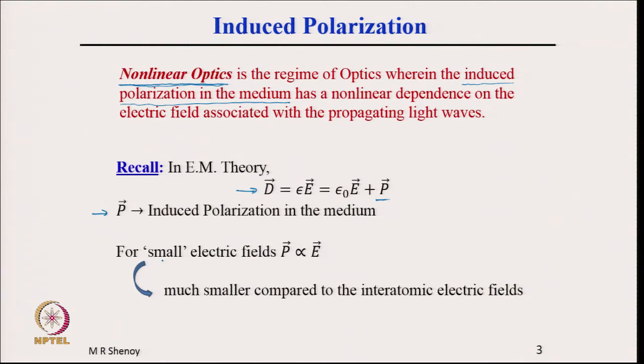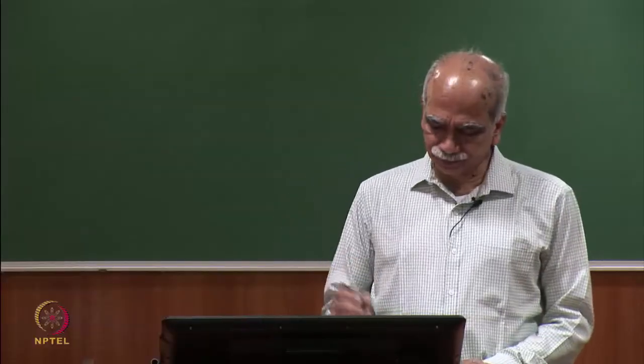For small electric fields, this induced polarization is proportional to E. When we say small, this small is much smaller compared to the interatomic electric fields. I will put some numbers and show what we mean by this, and we will quantify these aspects.